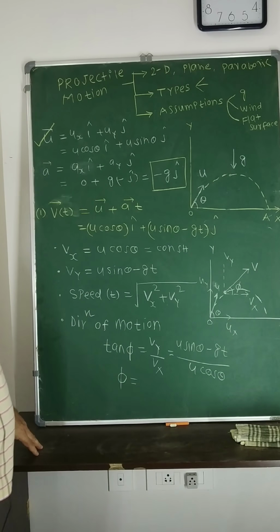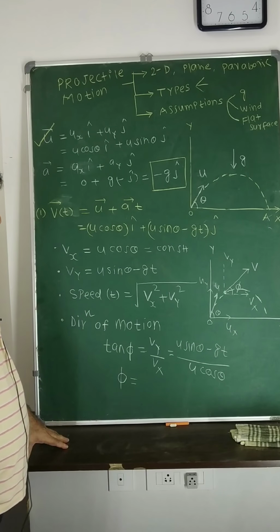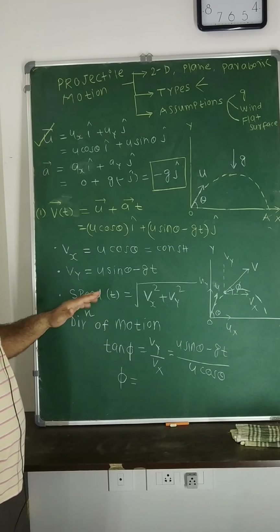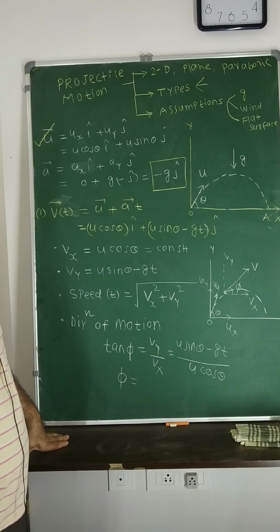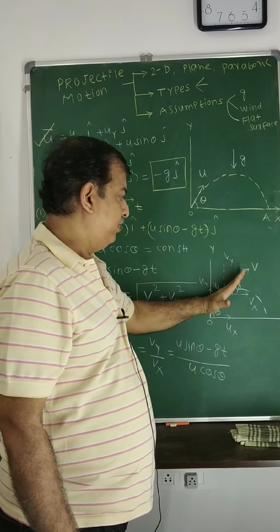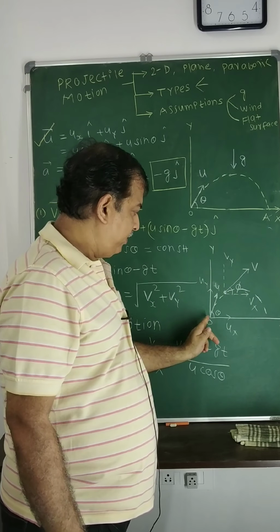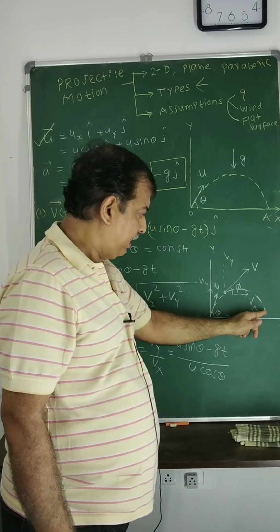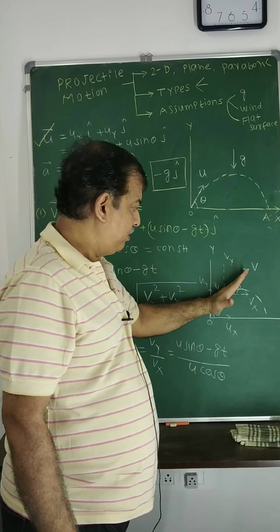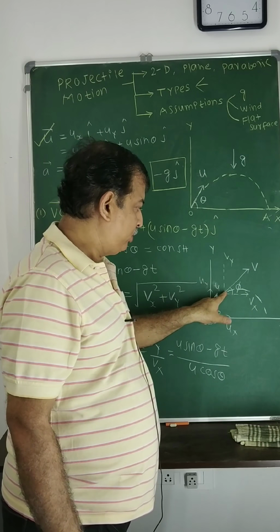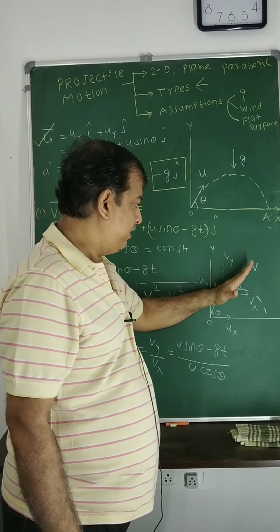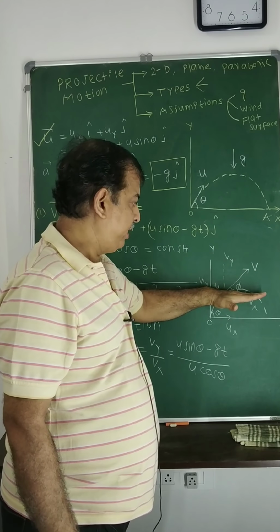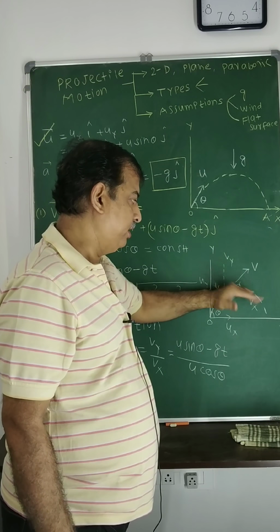Now another situation is, somebody might be interested in which direction the particle is moving at a particular time t. Direction means the direction of velocity. Remember, whenever an object is moving along a curve, velocity is always along the tangent. So let's say at a time t, this is the velocity vector, and let's say the velocity vector makes an angle phi with the horizontal.